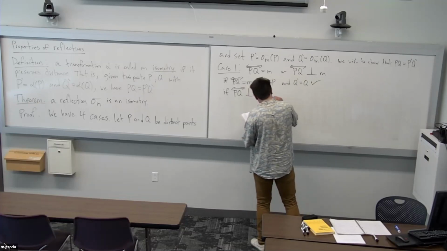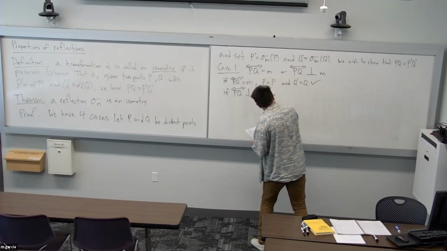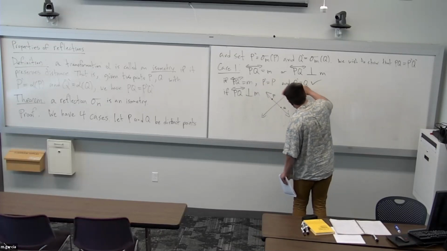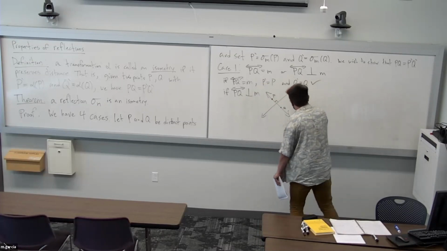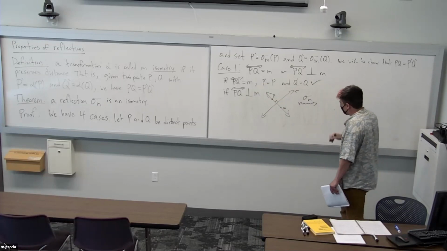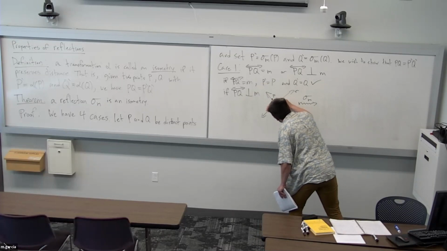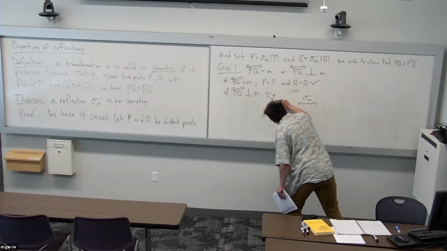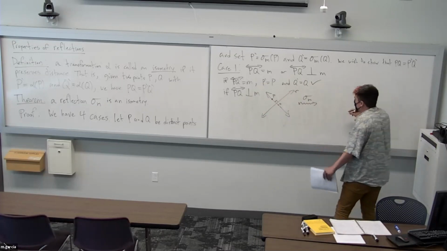So, let's say this is the line that's determined by P and Q, and here we have M. Remember, we're assuming that it's perpendicular, okay? And then let's operate sigma M on this. Let me make Q quite a bit closer, so Q just happens to be closer to M, just so it's more transparent what's going on.